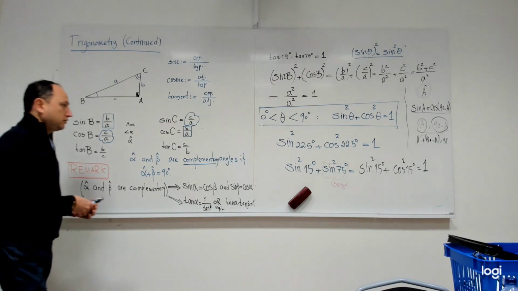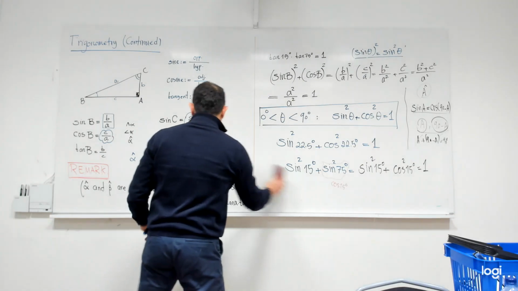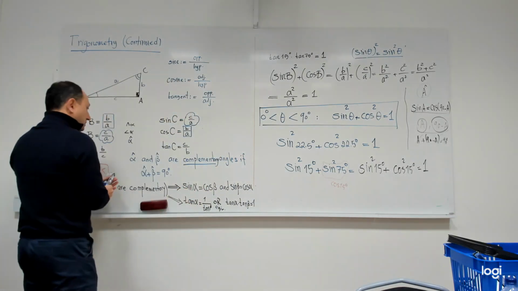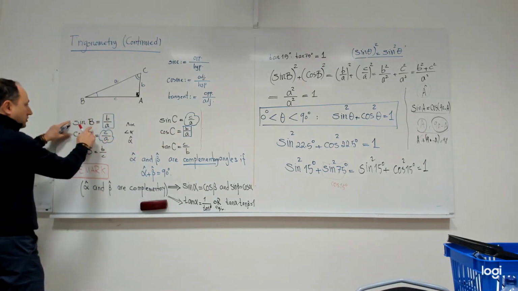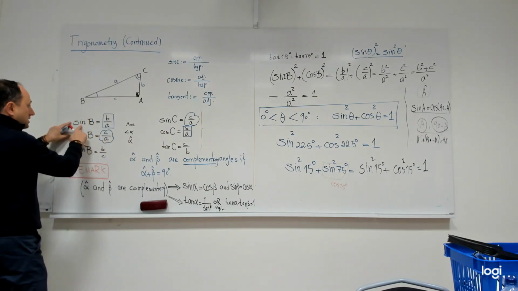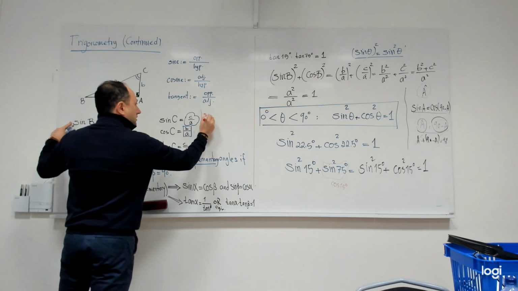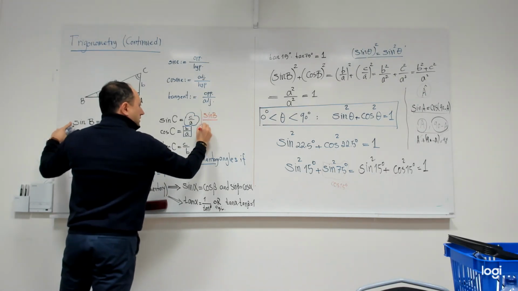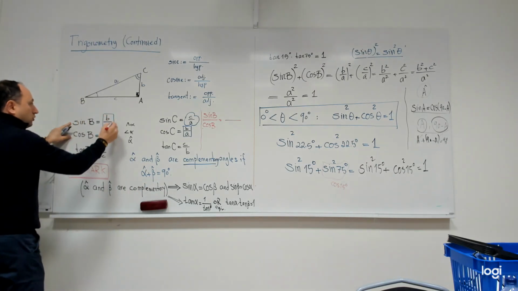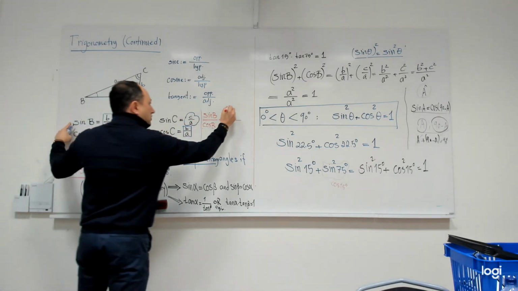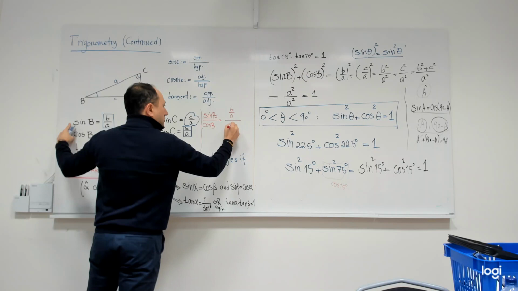And why is that? For example, let us consider B. I divide sine B by cosine B. On the right hand side, I have B over A, I have C over A, so I divide them. Is this logical or not?